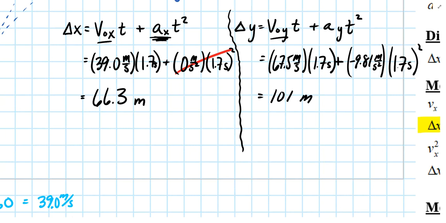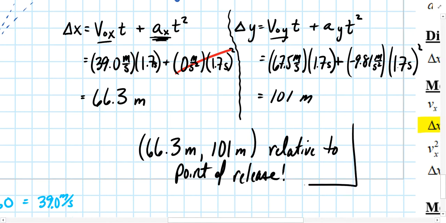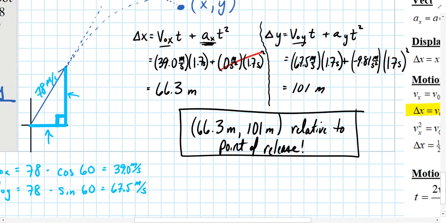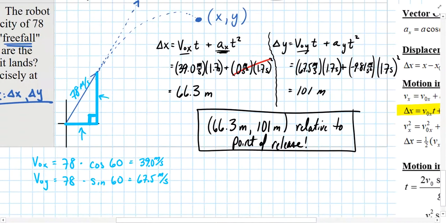So evidently, if this robot is throwing the object at 78 meters per second, which I said was really fast, in 1.7 seconds, almost 2 seconds later, that ball is 66.3 meters forward and 101 meters above the point of release. So that's pretty incredible. I don't know if that's a realistic scenario or not, but in this particular situation, this is what the math leads us to believe.